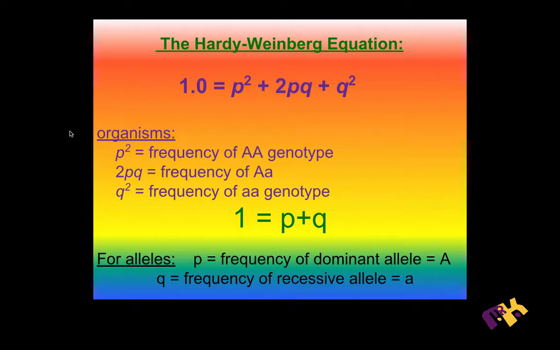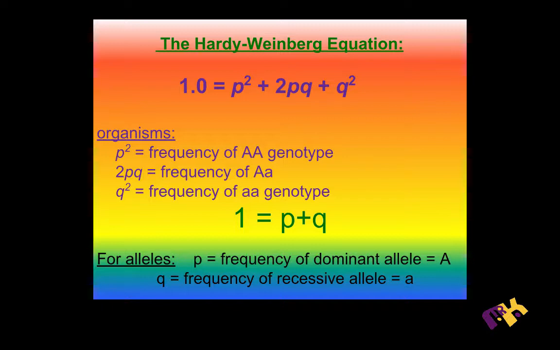All right, so the Hardy-Weinberg equation is actually not too difficult. What most people run into a problem with is what the squared variables actually represent. It's where 1 is equal to p squared plus 2pq plus q squared. Now, for organisms, p squared represents the frequency of the homozygous dominant genotype.